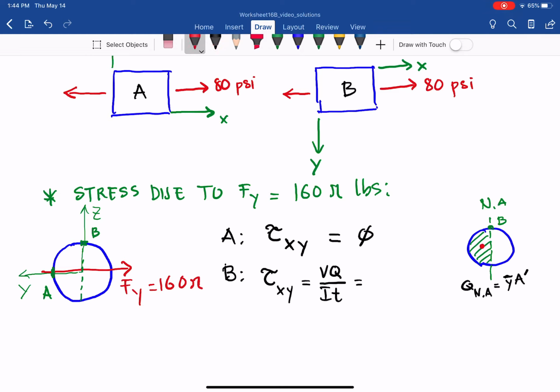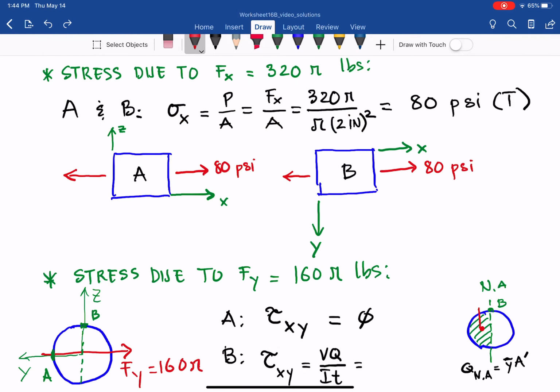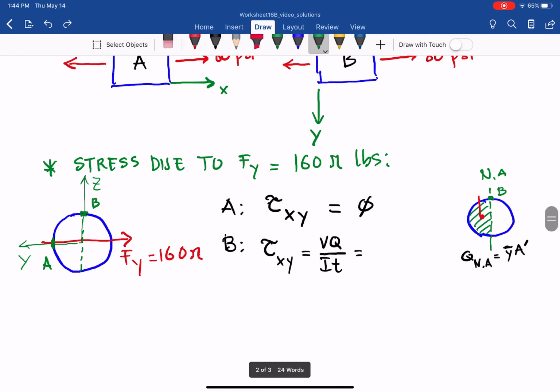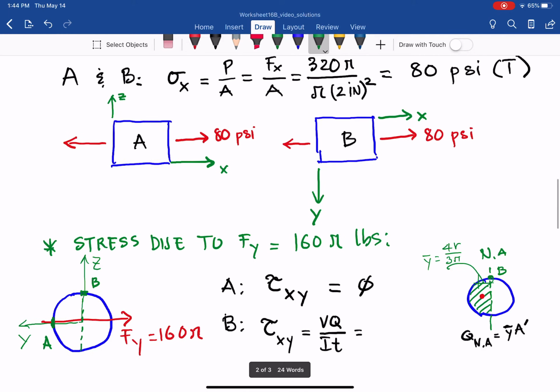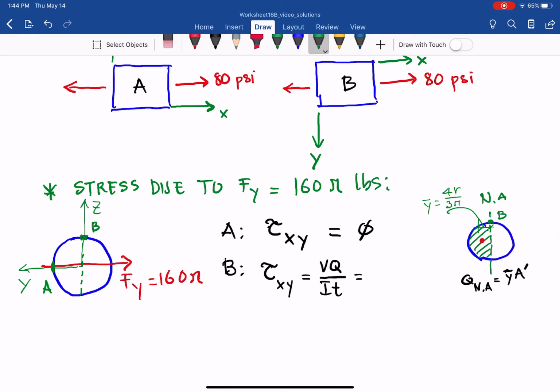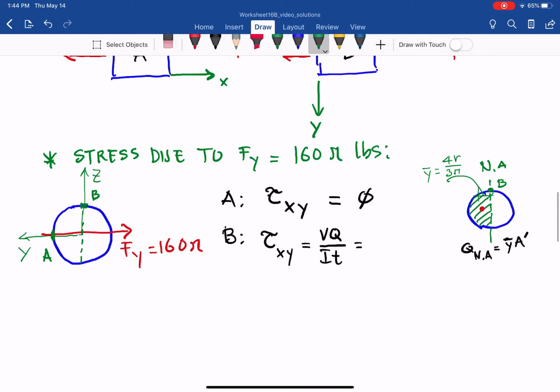If you follow the inside cover of the book for transverse shear stress, that distance here is y bar, and that equals 4r over 3 pi. From that we can plug in with tau xy equal to VQ over IT.